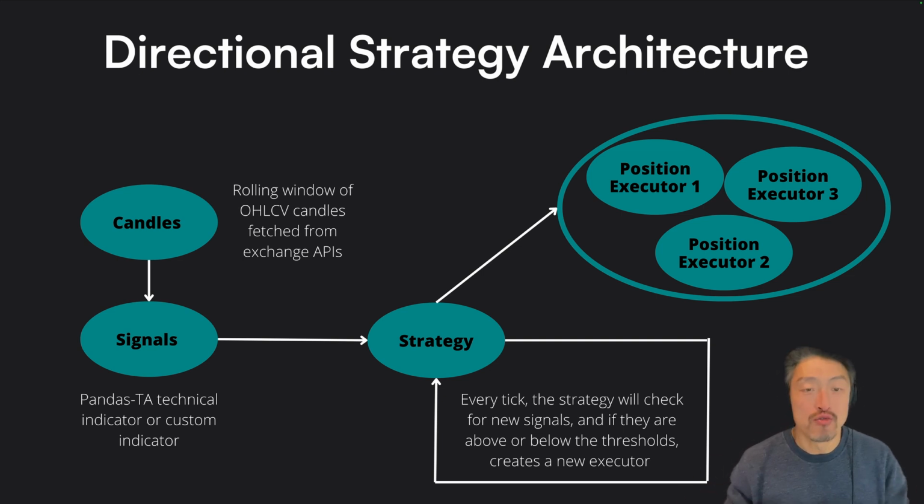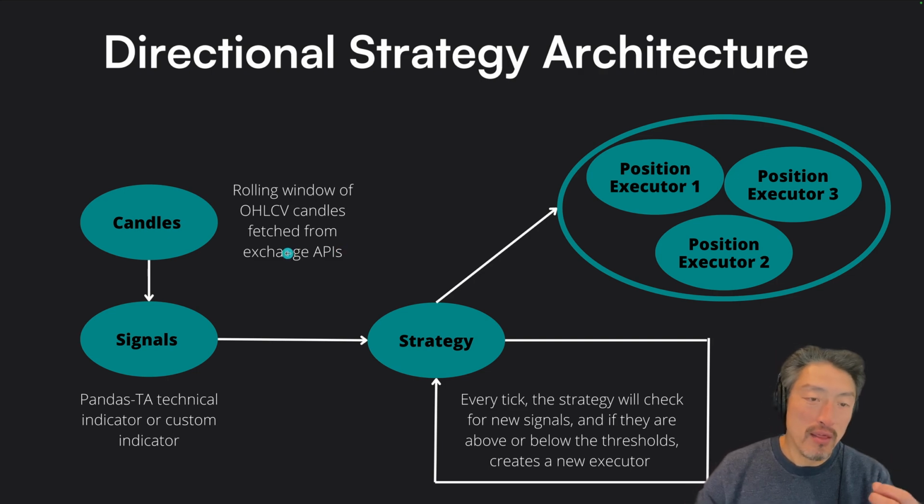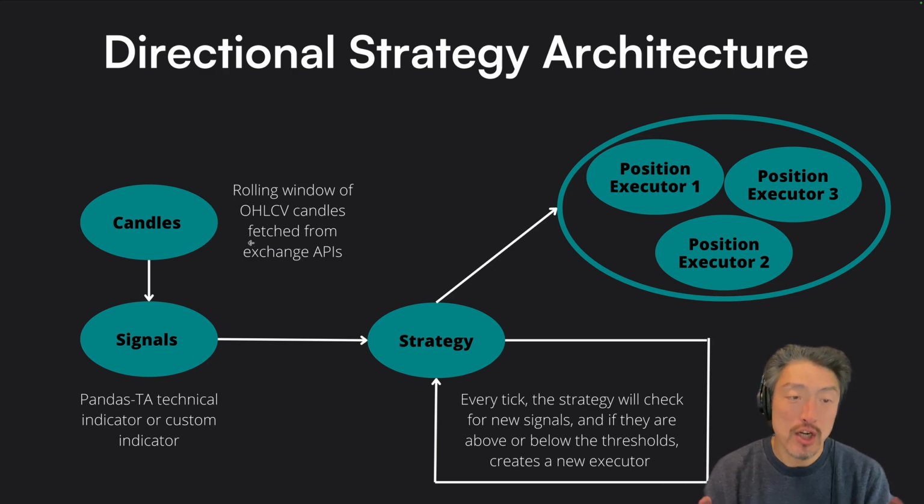So we created the directional framework last year, and the way it works is that Hummingbot, because it's an open source tool, can interact directly with the exchange APIs and fetch OHLCV candles from the exchanges.